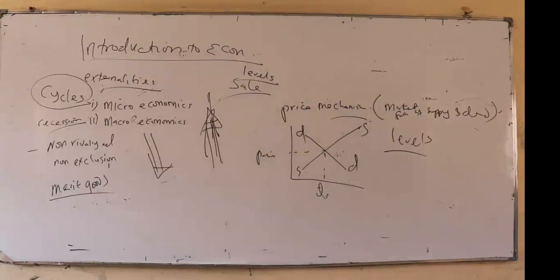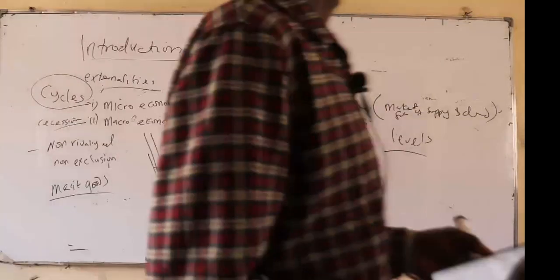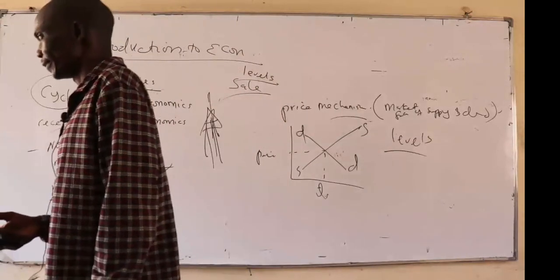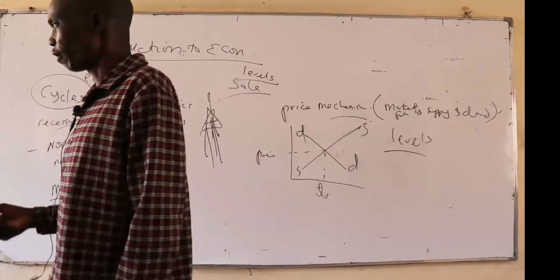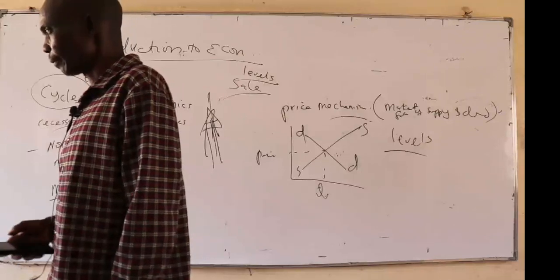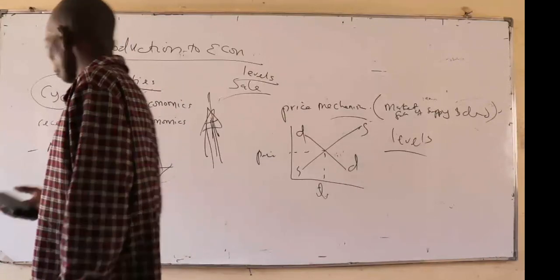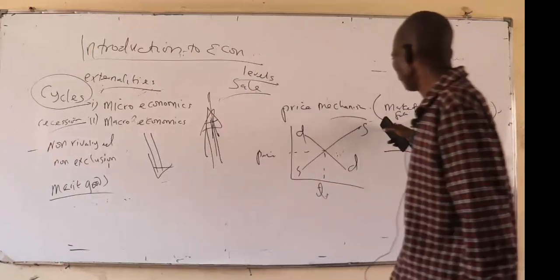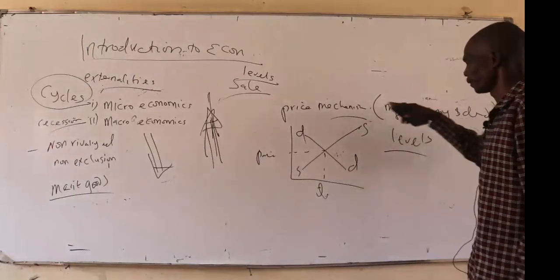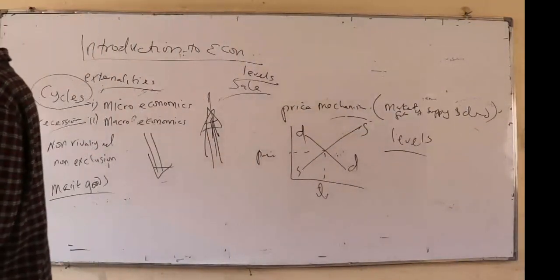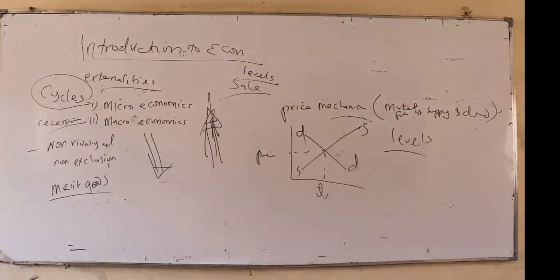In a planned economic system, there's lack of private ownership of properties. The properties are owned by the government, the state. There is also a lack of price mechanism. Resource allocation is done by a central planning body or authority appointed by the government for that purpose. Because of that, there are no market forces of supply and demand determining the price, and there's non-participation of the private sector. The ownership of resources is purely in the hands of the government.